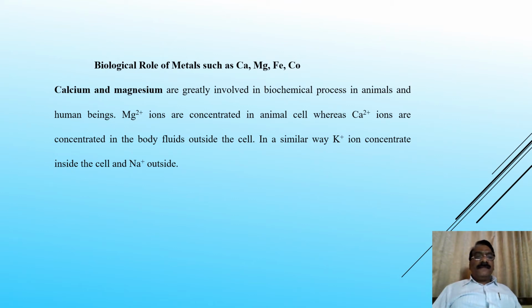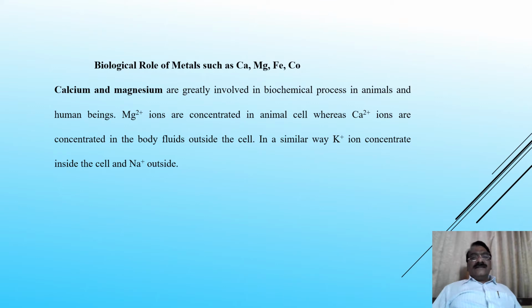Good morning. Today we are going to see the biological role of metals such as calcium, magnesium, iron and cobalt. Calcium and magnesium are greatly involved in biochemical processes in animals and human beings.